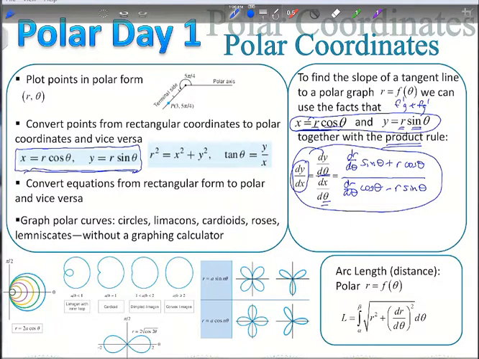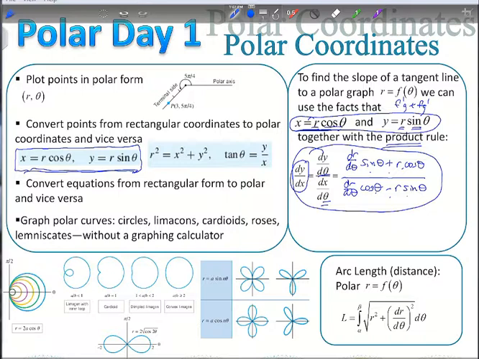So up to you. What I found myself having trouble remembering was where was the sine and where was the cosine, where was the plus, where was the minus. I thought, I'm just going to generate it every time. I don't want to have to try to memorize that, and it just takes a few seconds. So that's our new formula for tangent line for polar.